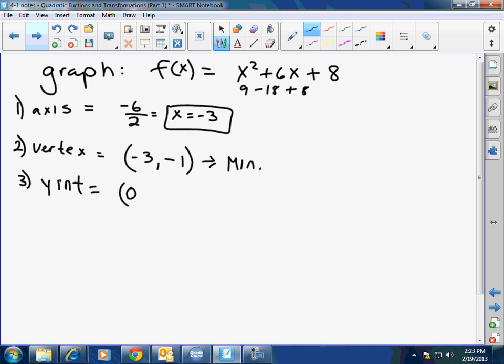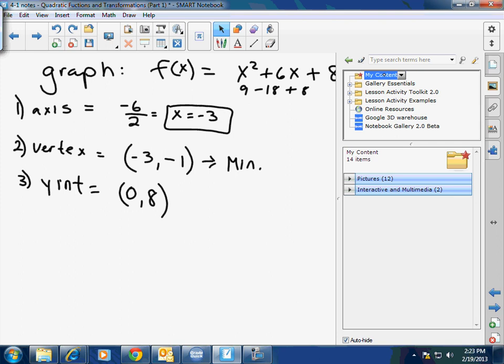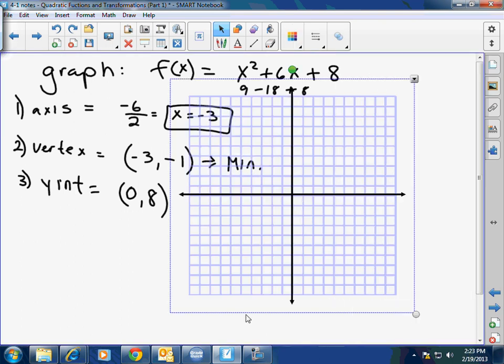The y-intercept in this case is 0, 8. Is the y-intercept and the axis of symmetry the same? No. So do I have to use an extra test point? No. I only use an extra test point when the vertex and the y-intercept are equal, my friends. Go ahead and graph it now.